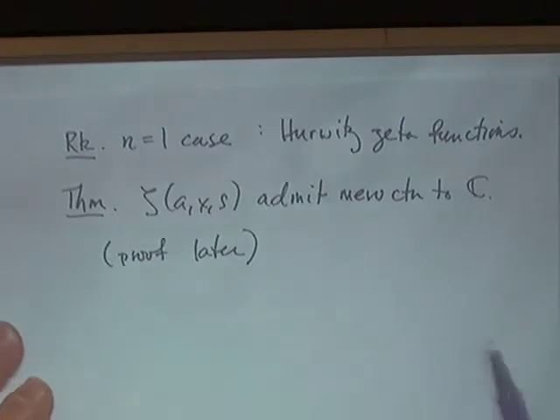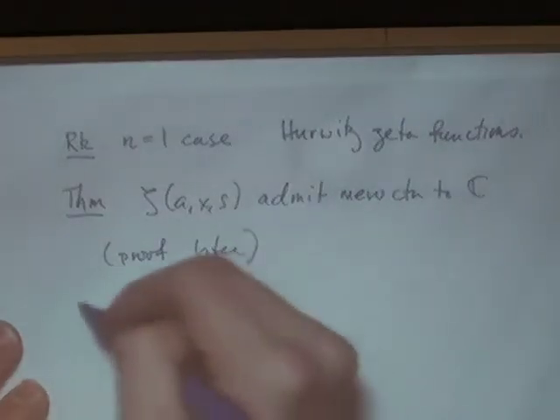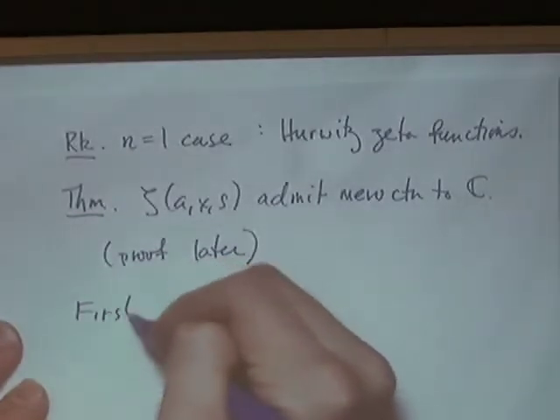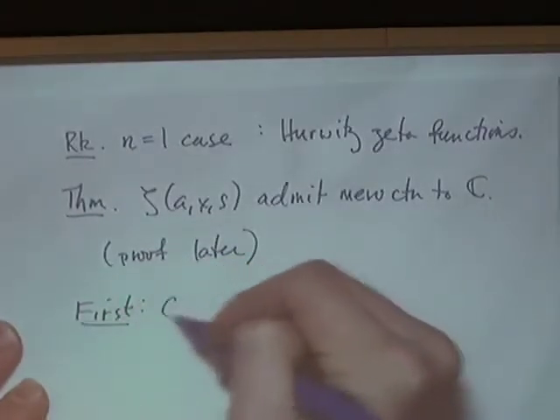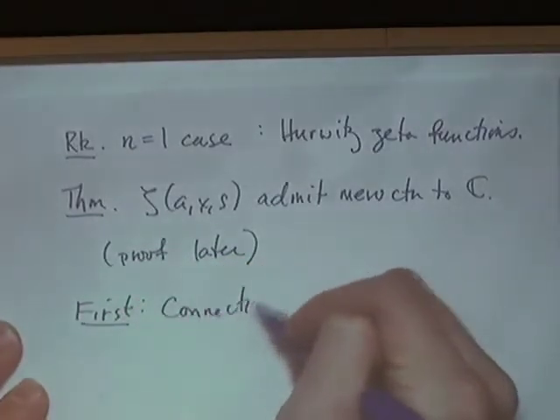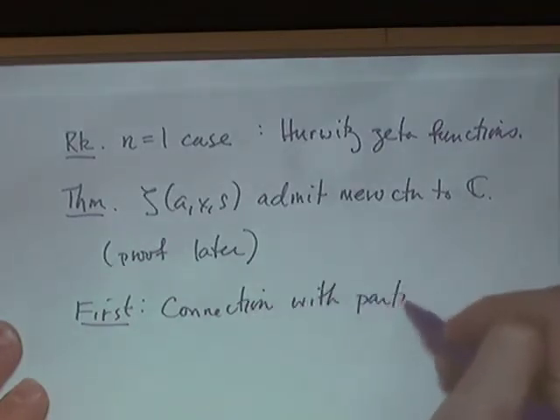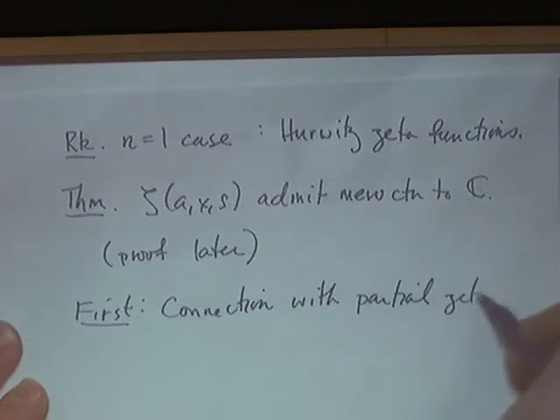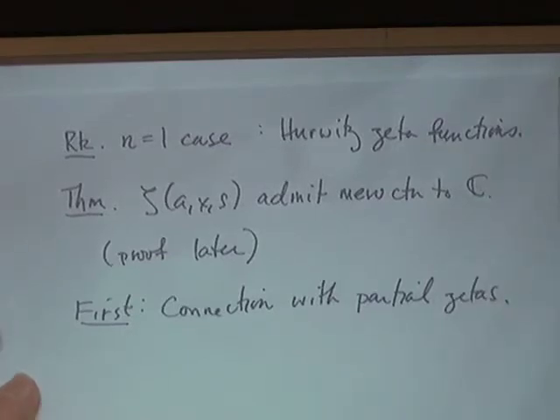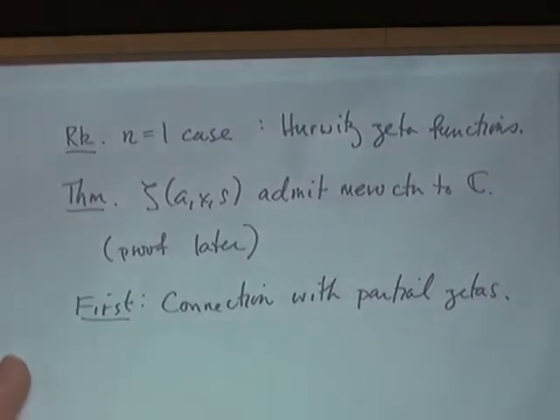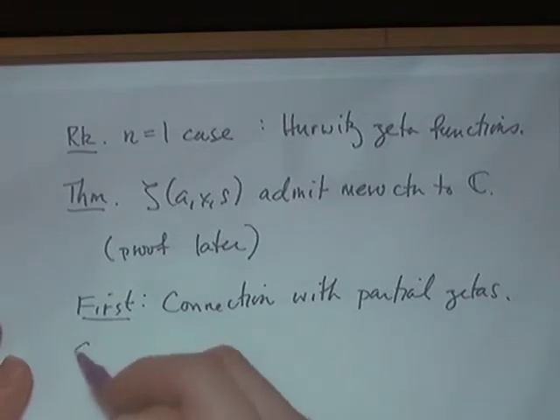After I convince you that these are relevant to the main topic of our discussion, so first I'd like to discuss the connection with partial zetas. And I'd like to make this connection in the case that's easiest to draw, the case of real quadratic fields.